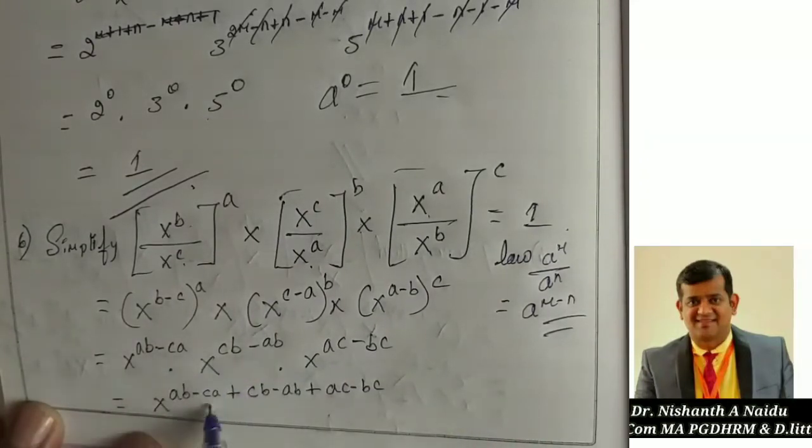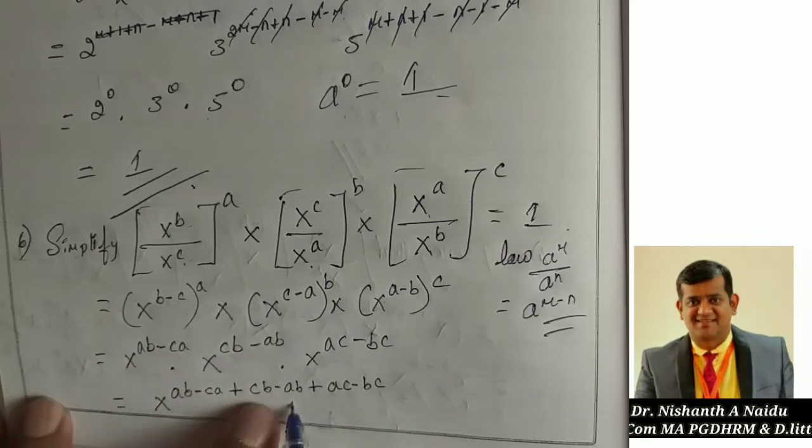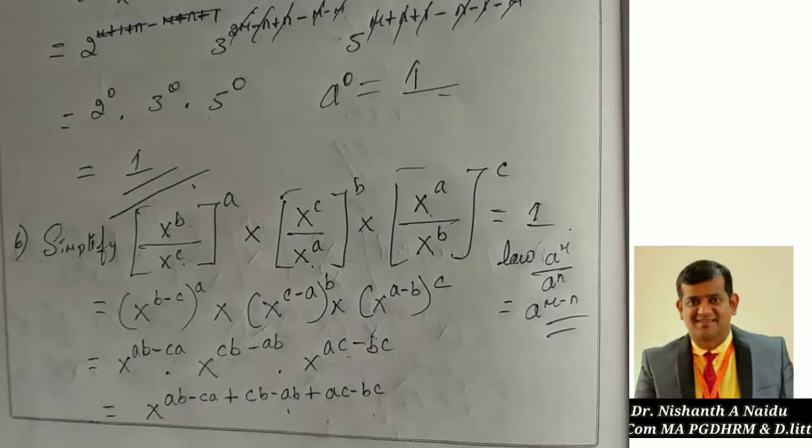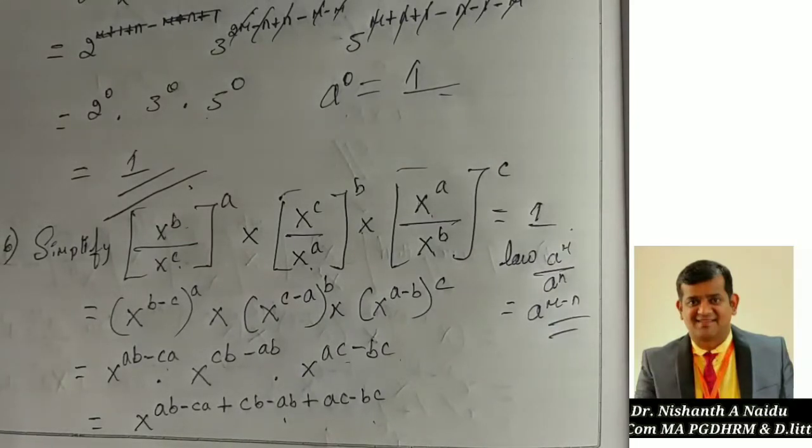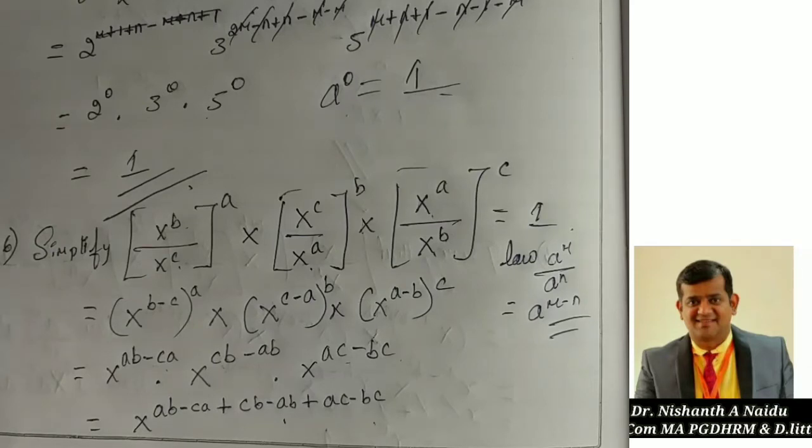Whatever powers I have copied, instead of multiplying I have added, because when the base value is the same, powers can be added. Now the common terms should be deducted, minus a plus a, so if you deduct that, you will get the answer.